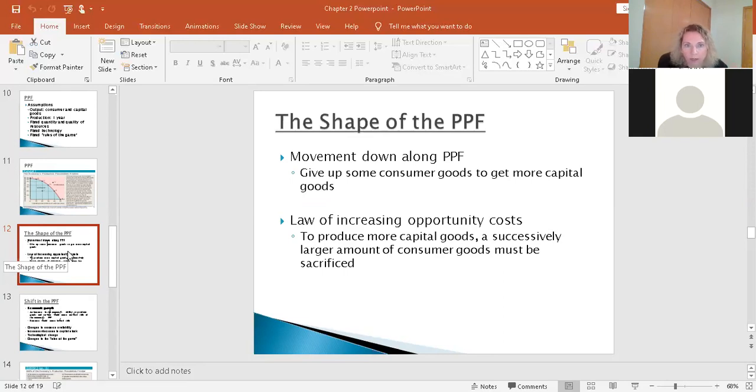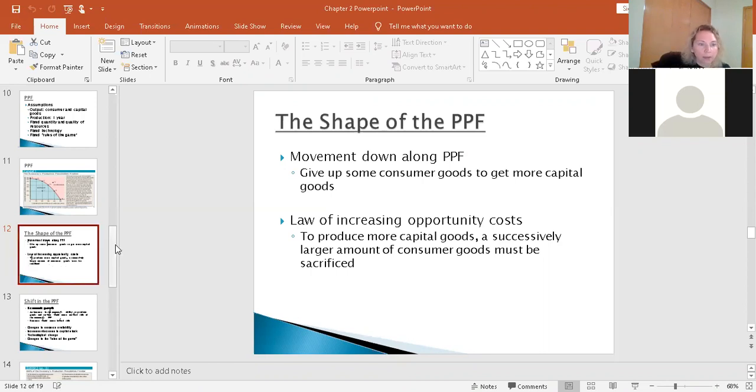As we work our way down from A to F, what we have to give up, that's the opportunity cost, right? It's the next best thing foregone. If you want to produce more capital goods, what you're foregoing is consumer goods, and vice versa. You have to give up more and more and more as you move from point A to point B, B to C, C to D, so on and so forth, okay?